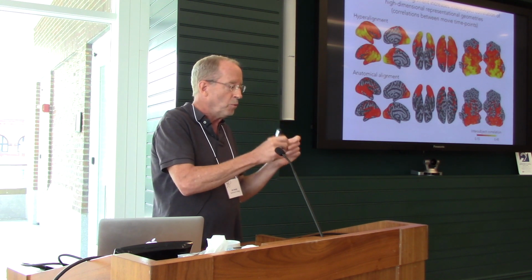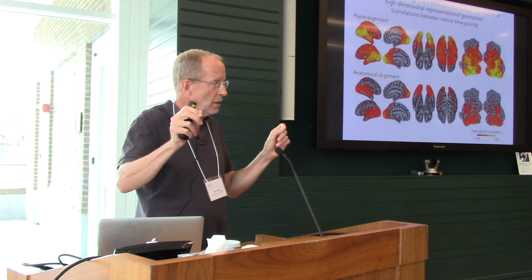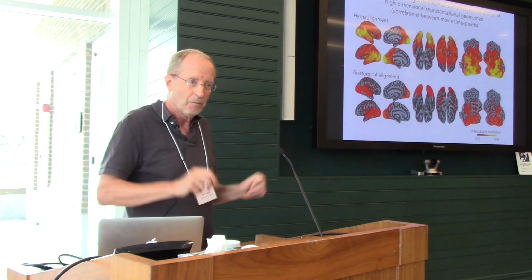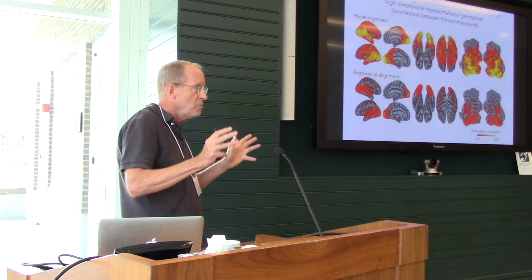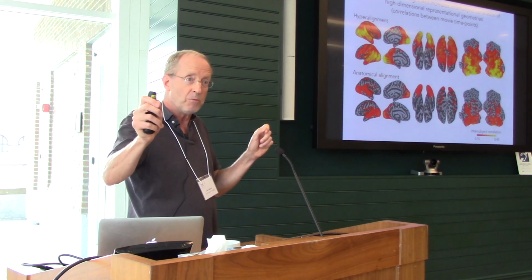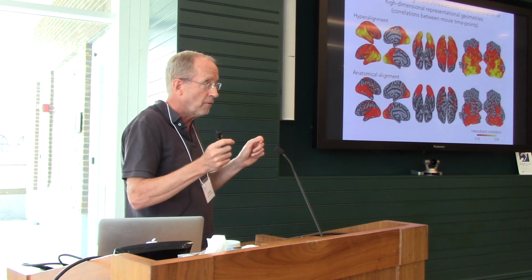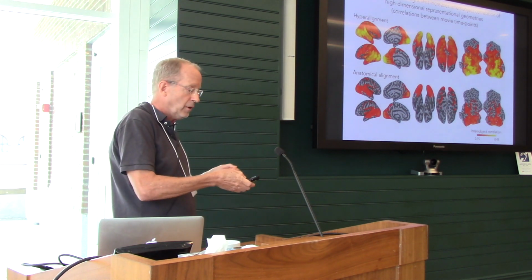scene, it will be correlated with other scenes with Indiana Jones if those are areas that encode faces, right? Or if there is a certain theme music at one point, other time points that have the same theme music will be more correlated, right? So you can look at this kind of geometry for all the information that's in a movie.